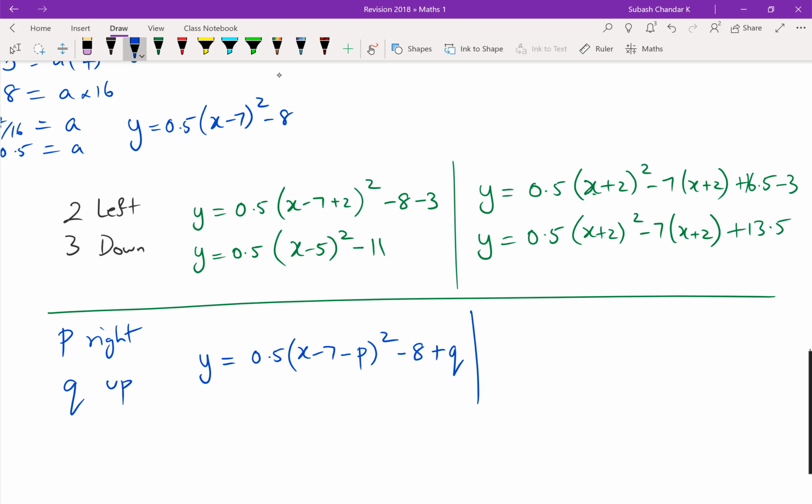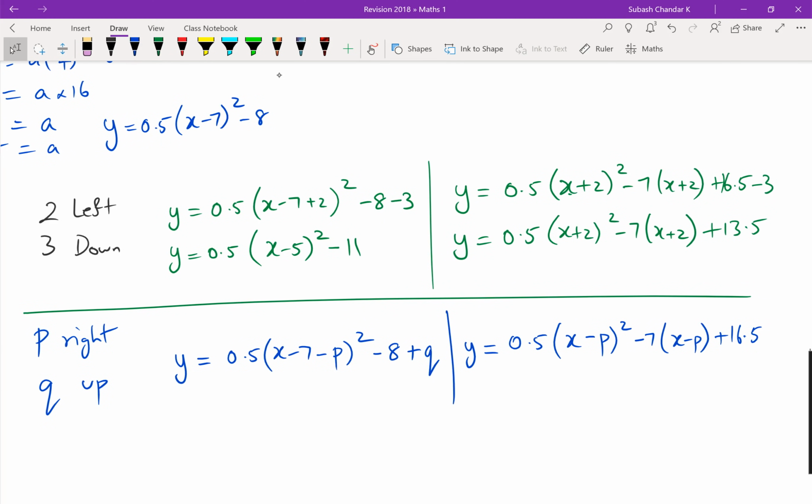And then if you look at the other version, you've got 0.5 times (x minus P) squared minus 7(x minus P) plus 16.5, not P, and plus Q right at the end there, because it's actually going Q units up.